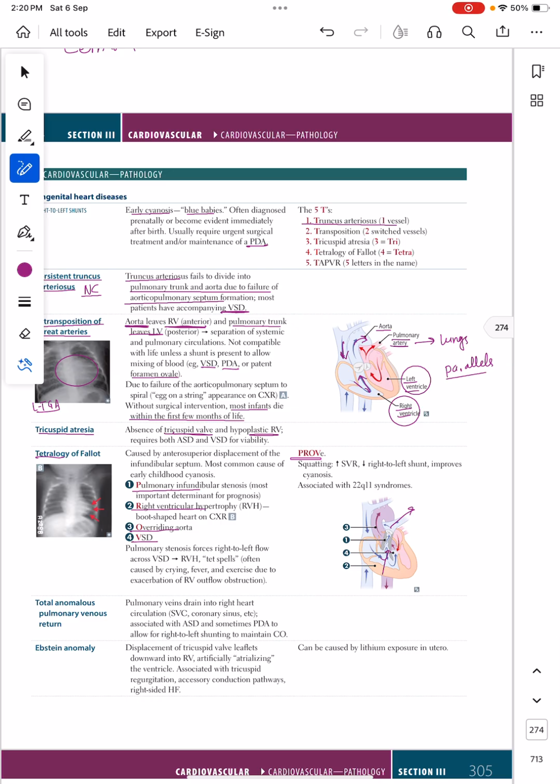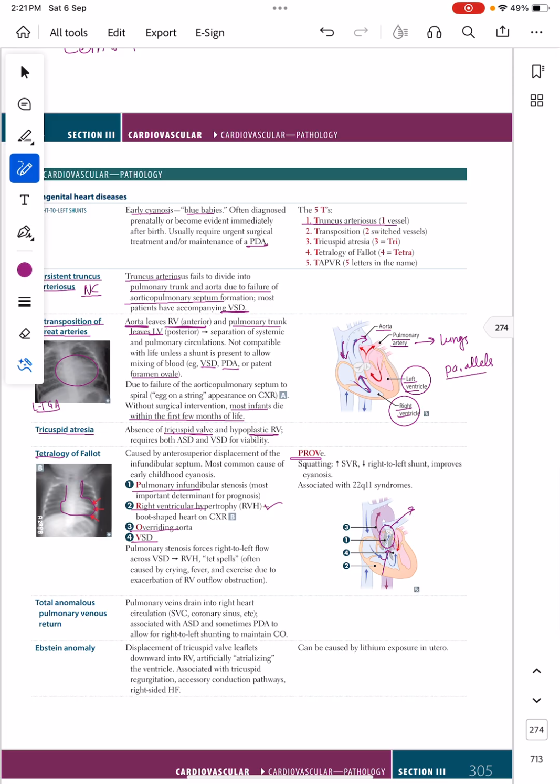Due to this stenosis, the right ventricle tries very hard to push the blood into the lungs and overcome the stenosis, due to which it hypertrophies. So the second thing is right ventricular hypertrophy, and that causes a boot-shaped heart on chest X-ray in tetralogy of Fallot.